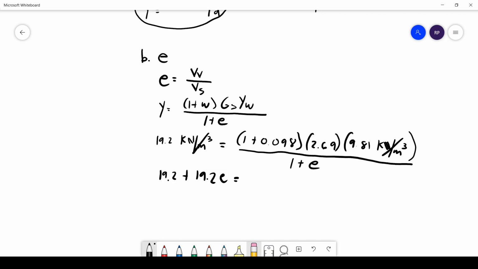Using my calculator, 1 plus 0.098 times 2.69 times 9.81. So we have 28.975. Yeah. Okay. And then 19.2 E, 28.975 minus 19.2.